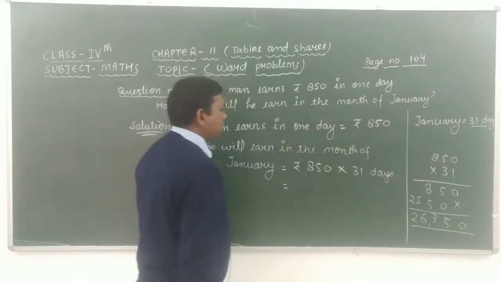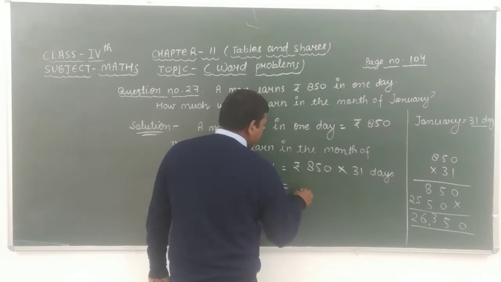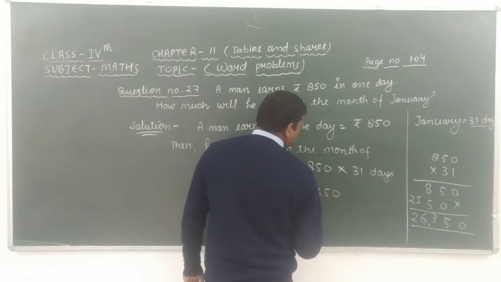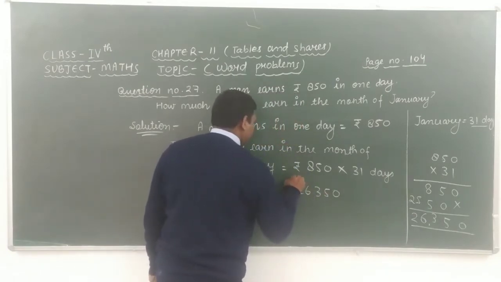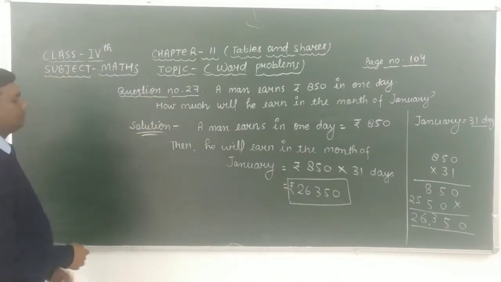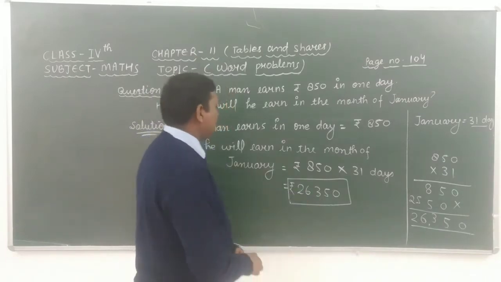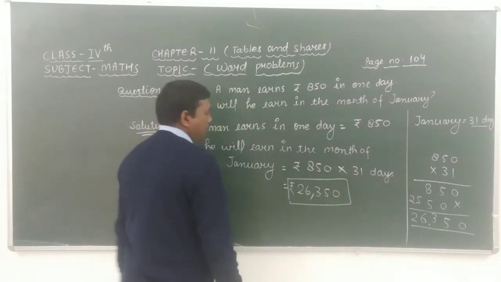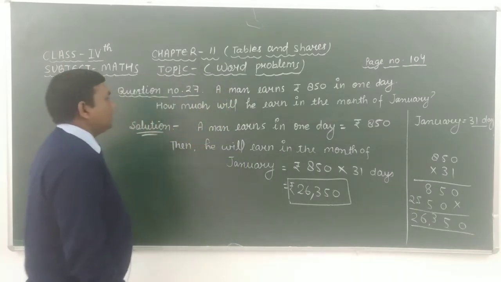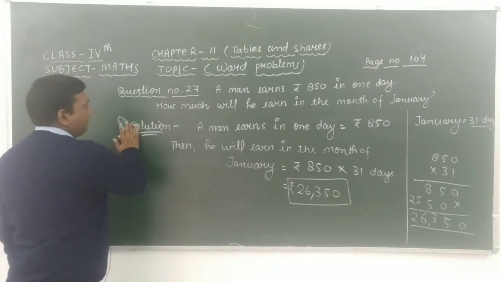It means 26,350 rupees. After multiplying these we get 26,350 rupees. It means he will earn in the month of January rupees 26,350. Understand? Okay students, now read this. Students, please write in your book and maths copy both.